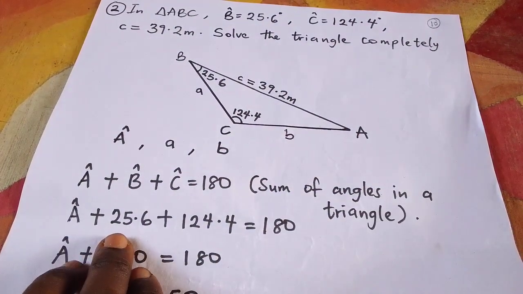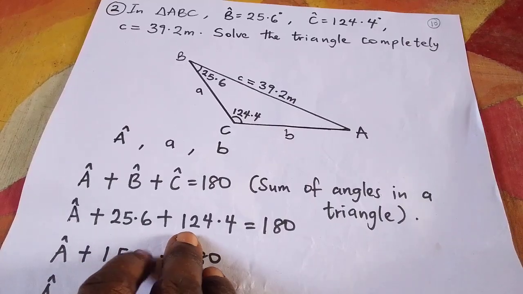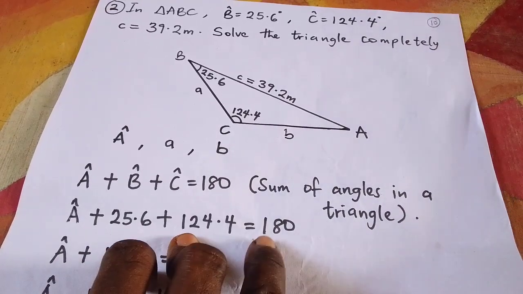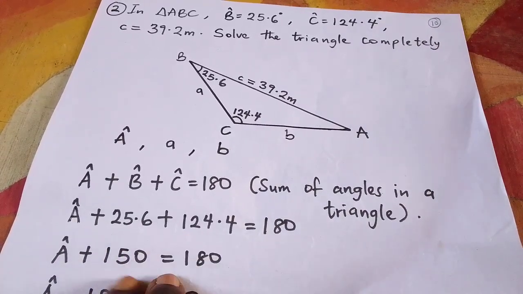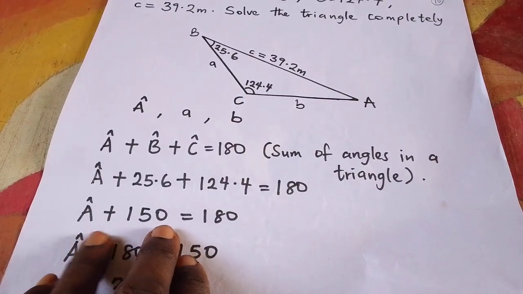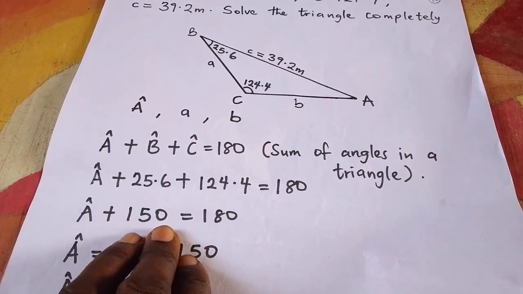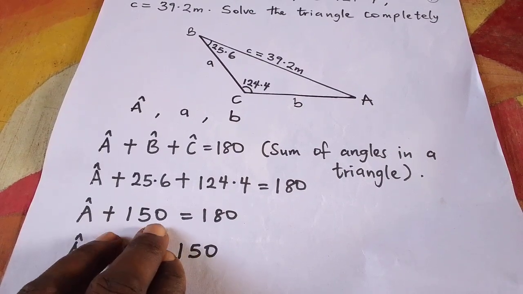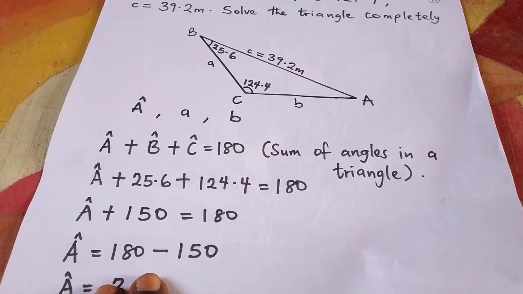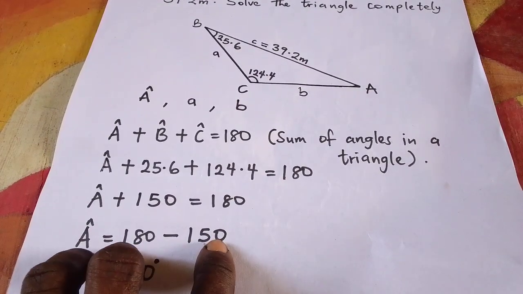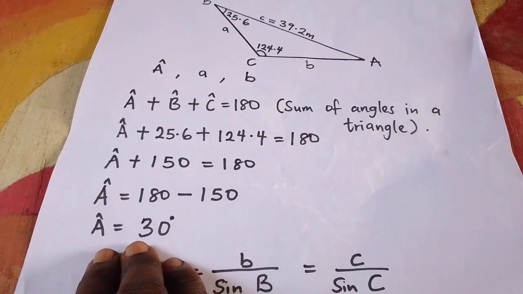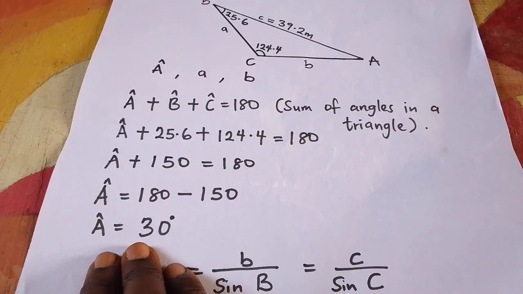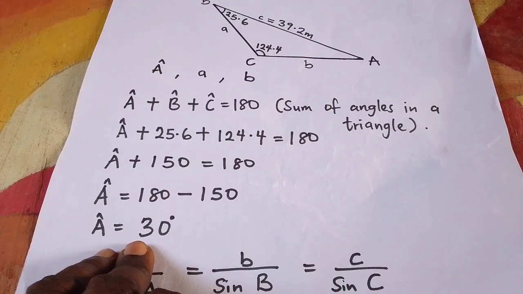Angle A plus B is 25.6 plus C is 124.4 is equal to 180. So that means A plus 25.6 plus 124.4 will give us 150. If you now bring this plus 150 to the other side, it will turn to 180 minus 150, which will give us what? Angle A is 30 degrees. So you've been able to look for the value for angle A.